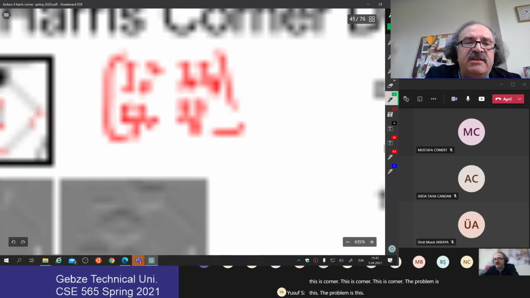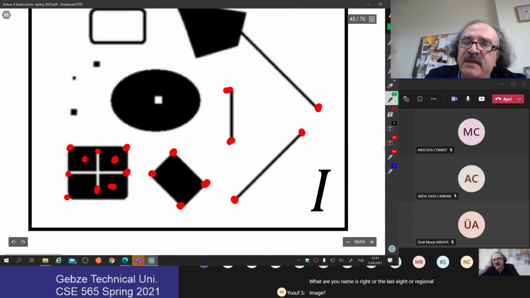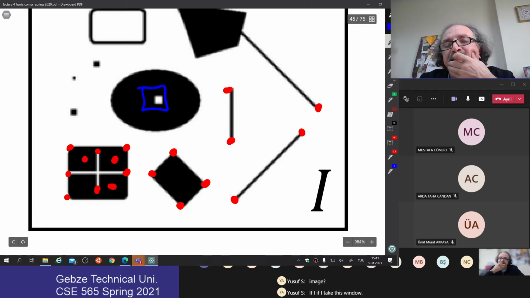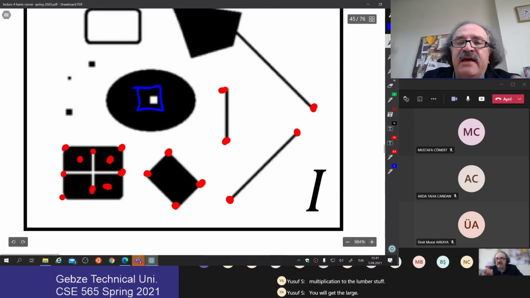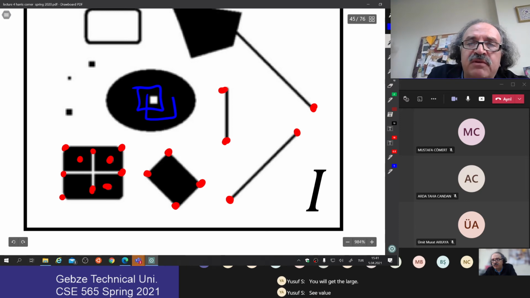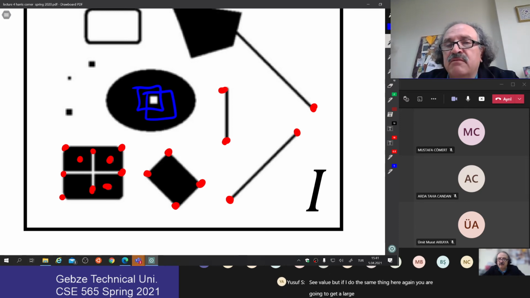The problem is this. Let's take the original image. If I take this window and run this algorithm, calculate all those x gradients, y gradients, and multiplication, do the lambda stuff, you will get a large C value. But if I do the same thing here, again you are going to get a large C value.